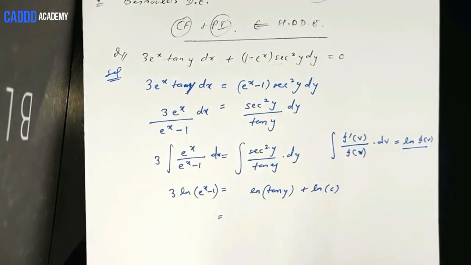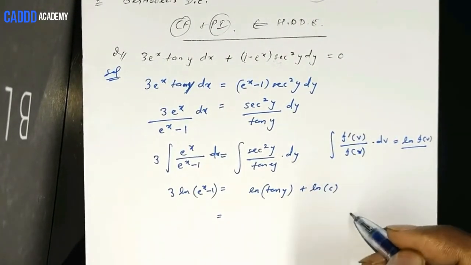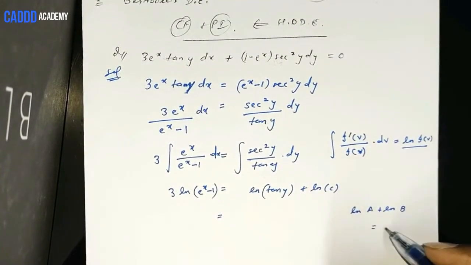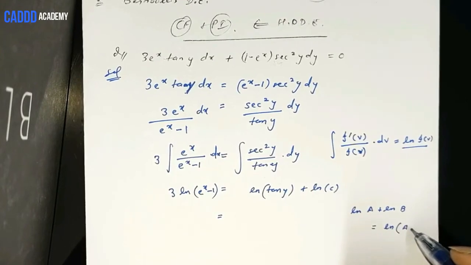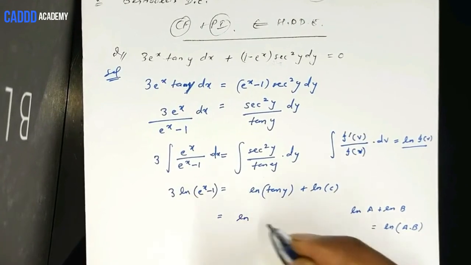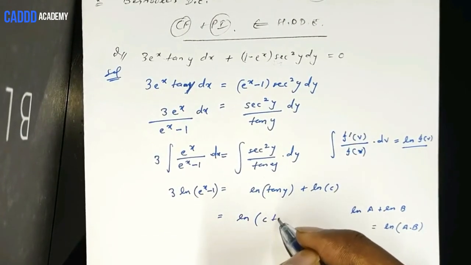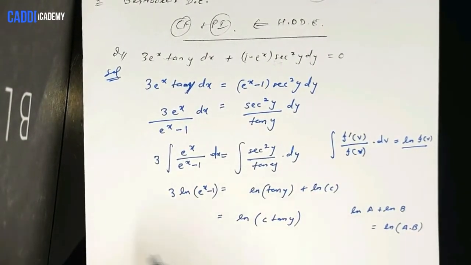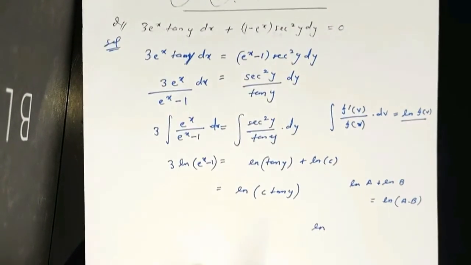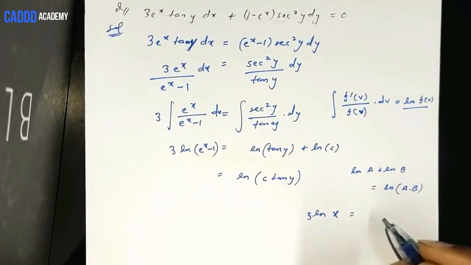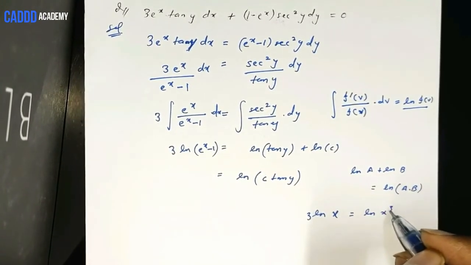Okay, because c is a constant and ln c will also be the constant only. Okay, so we know ln a plus ln b, which is what, ln a into b. Okay, so from here we can say ln c into tan y. Okay, this thing is like this, and here we know that 3 ln x is equal to what, ln x cube.